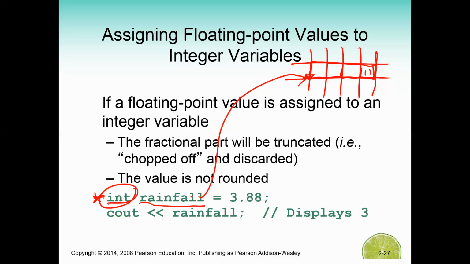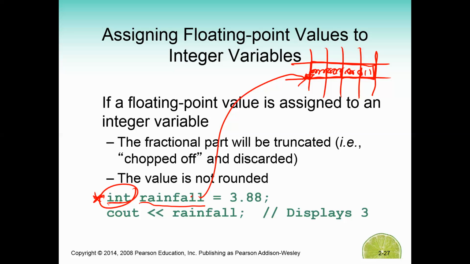It uses how many bytes? 4. So how many zeros am I going to have? 30 bits that are going to be off. So that big area is going to have one on signal, one on signal, and then 30 off signals. What happens to the .88? Gone forever.